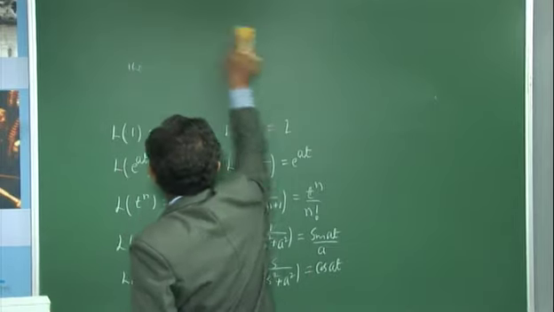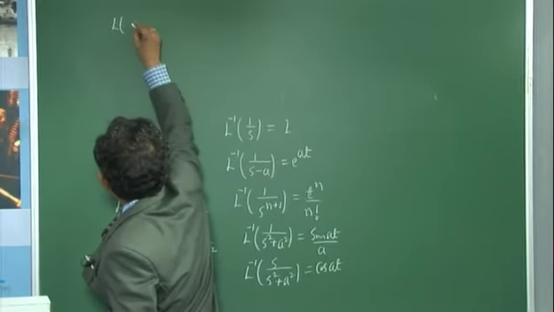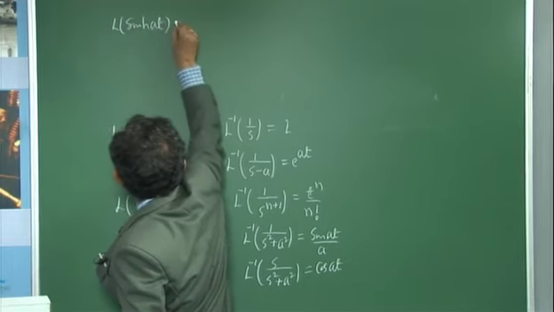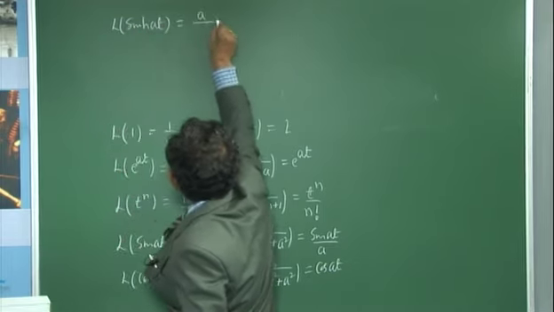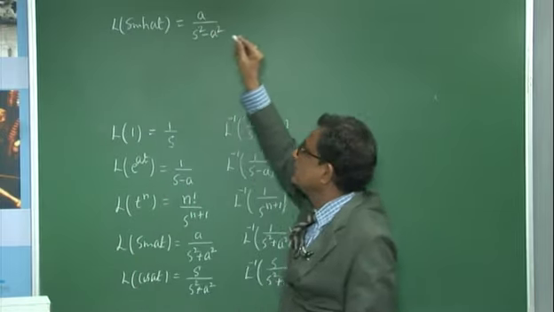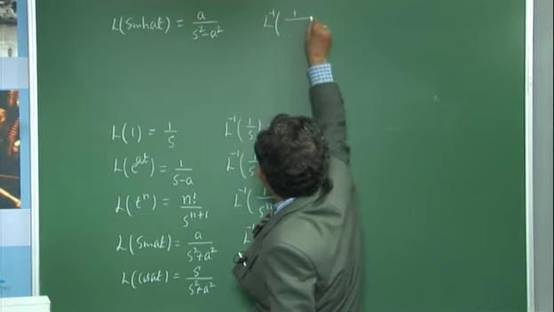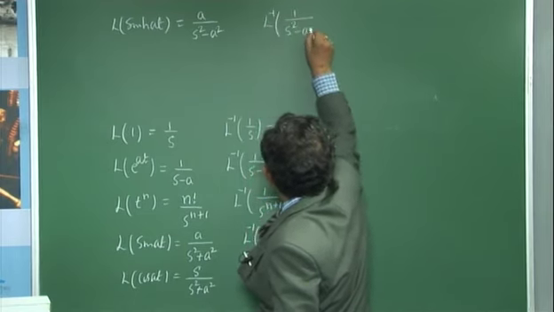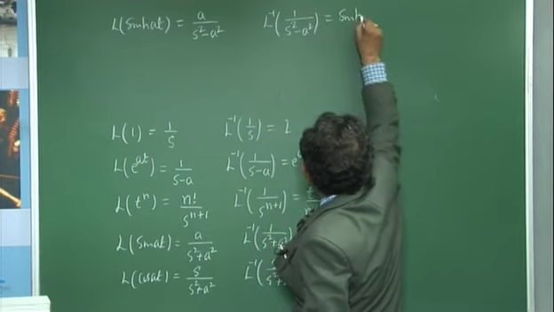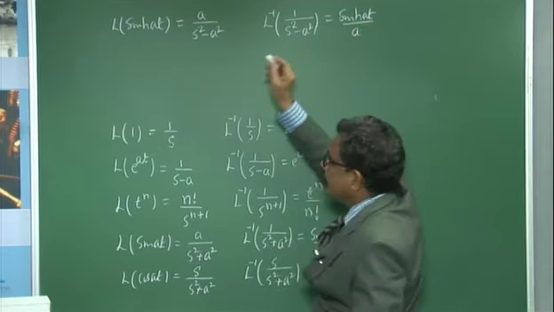Now, similarly, we have the other formulas. L of sinh at for the hyperbolic function is a divided by s square minus a square. We can write L inverse of 1 divided by s square minus a square is equal to sinh at divided by a.